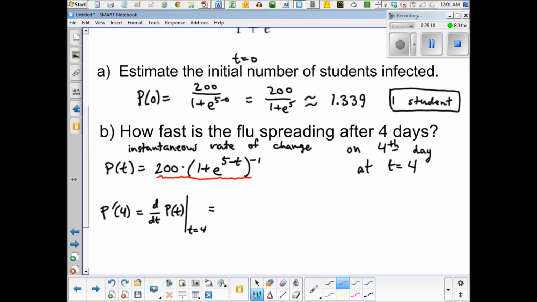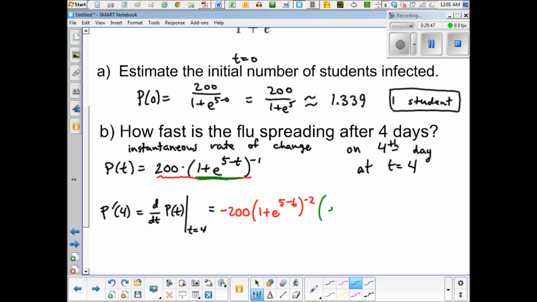So we're bringing down the minus 1 as a first thought. Okay, so let's bring down the minus 1, and we'll have that same something to the negative 2 power. Okay, that object that was raised to the power is our inside function, so that needs to be differentiated. The derivative of 1 is 0, plus, and then we have e to the something.